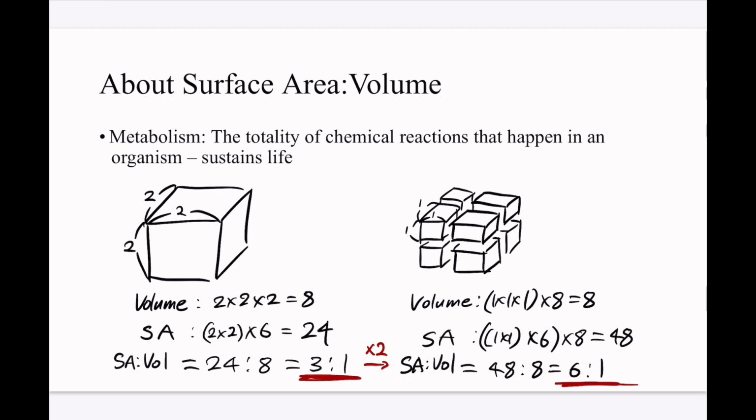As you can see, the surface area to volume ratio is much bigger when you divide it up into these small parts. Surface area is a very important concept in bio and will appear throughout your learning. For example, the wrinkles in your brain grant us a large surface area for the neurons to exchange needed materials.